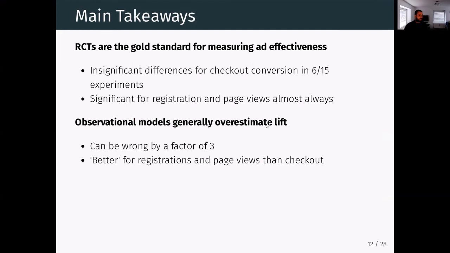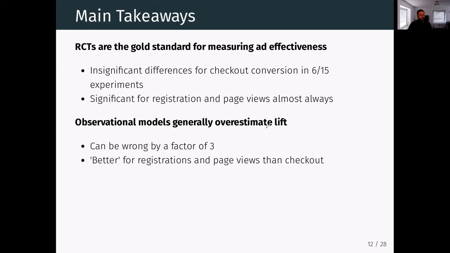So the main takeaways from this paper, having read through it and having talked about it now, is that your RCT, your randomized control trial, your field experiment, or your actual experiment is going to be a gold standard way of being able to measure advertising effectiveness. And when you do it, what you find is really heterogeneous effects, right? So they find insignificant differences for checkout conversion in 5, not 6, of the 15 experiments.